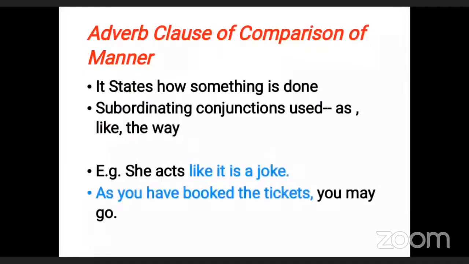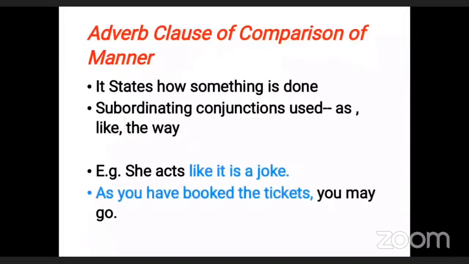See the example: she acts like it is a joke. Here it states how something is done. "Like" is the conjunction with which this adverb clause of manner starts, and we get "like it is a joke" as the adverb clause of manner.